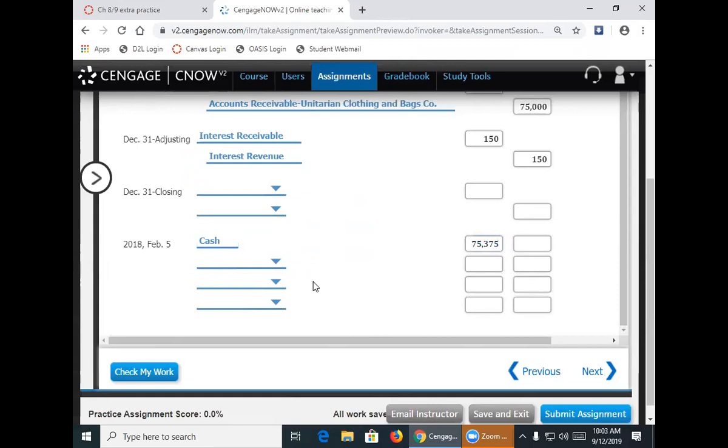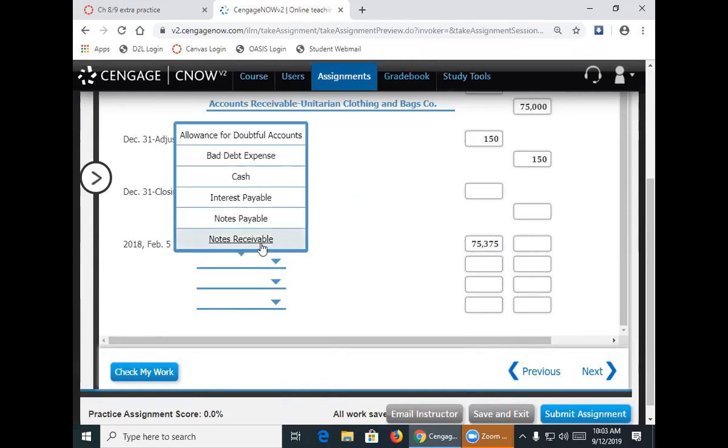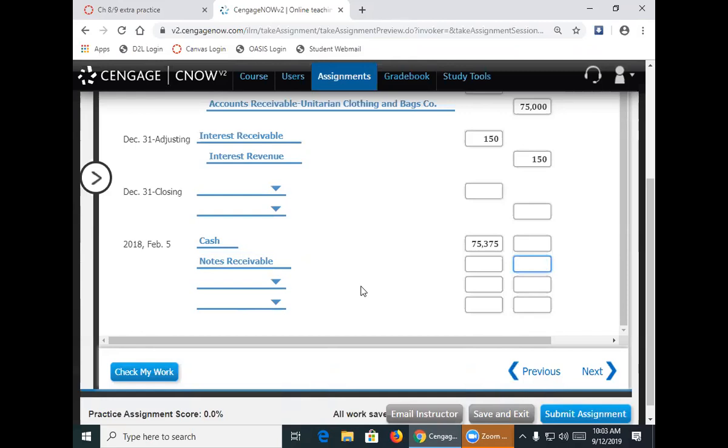That's the maturity value of the note, principal plus total interest. Is that all of it combined? Yeah, that's the full 60 days of interest. That's how much they're paying us. They're paying us the full note. And then we always credit notes receivable for the face value, the 75,000. And then what do I do with my interest?